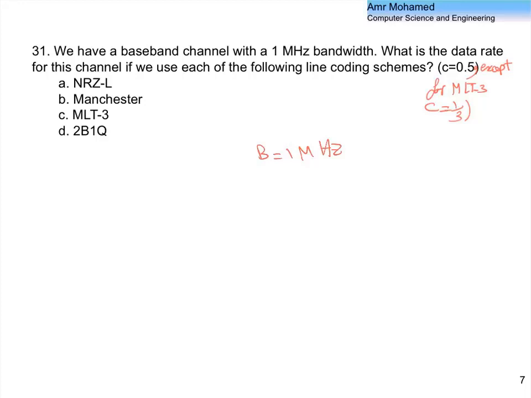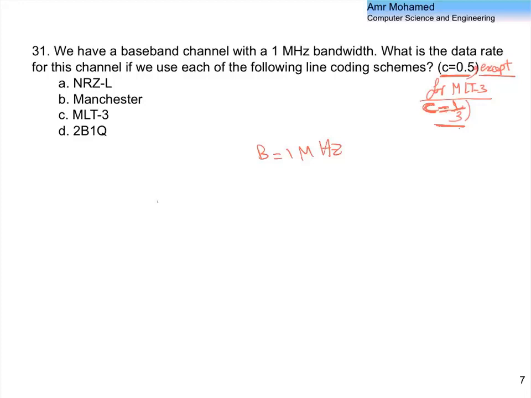Assume that the case factor is 0.5 except for MLT, so use a case factor of 1/3. This is to match the value of C in the table, and remember we talked about that in class, that the case factor for MLT is less than half by design.